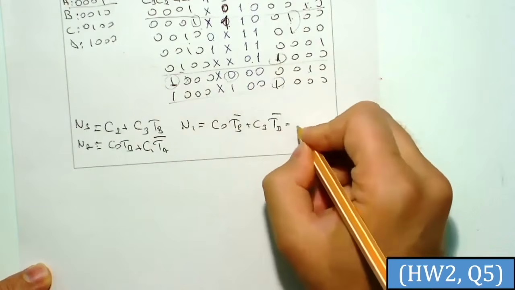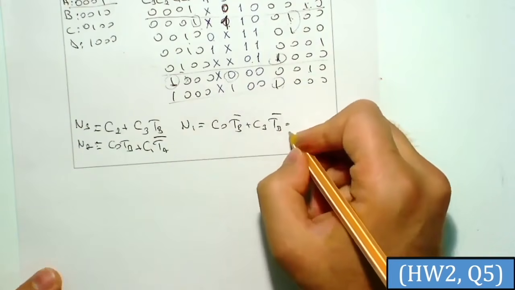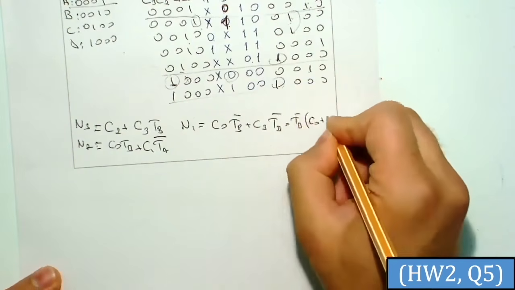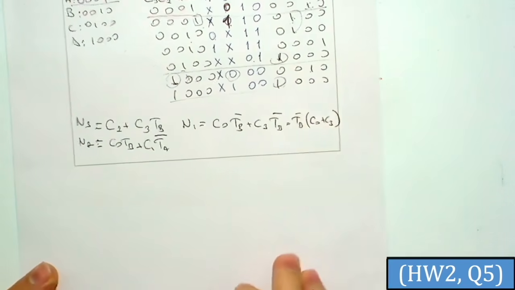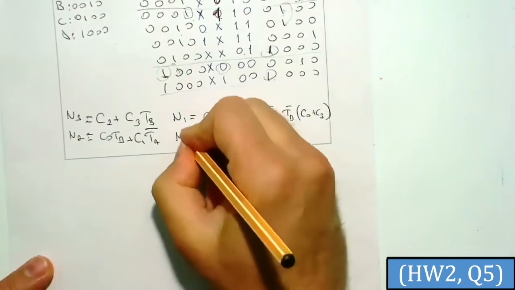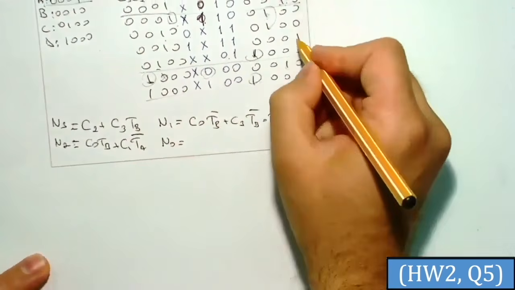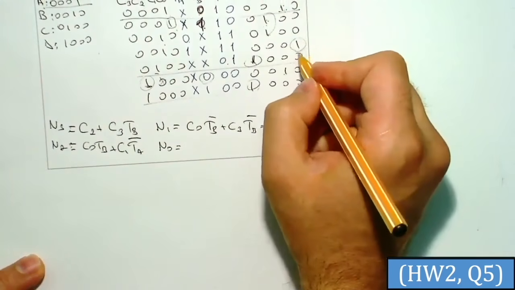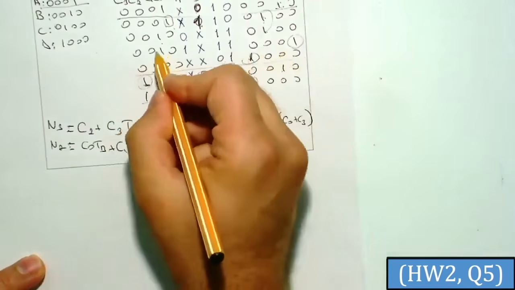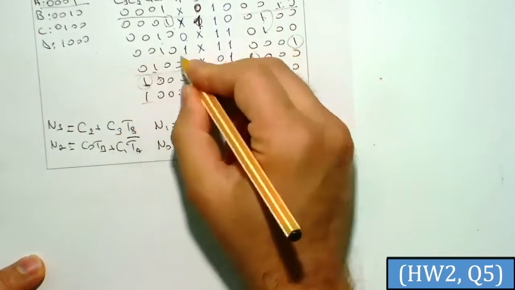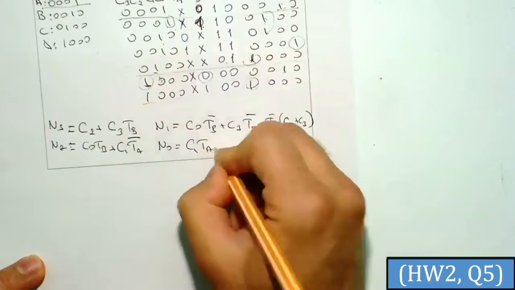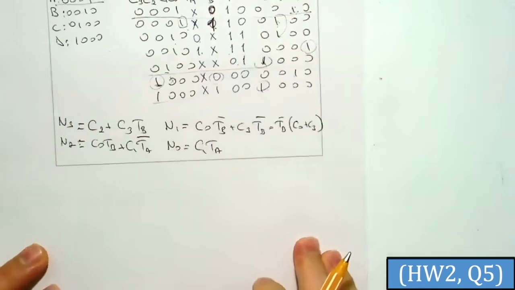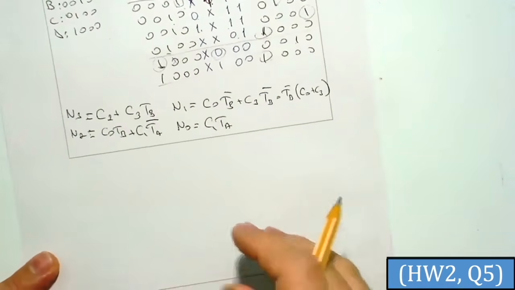So this should be simplified as, if I'm correct, TB, C0 or C3, right? Okay. For the next, N0, I have 1 here, and that's it, I guess. So this means that C1 1 and also TA 1, right? Yes. Okay. So these are the next state logic equations for the next states.